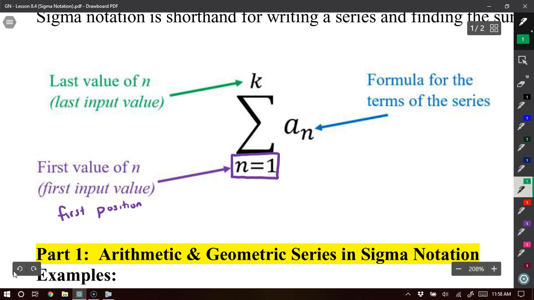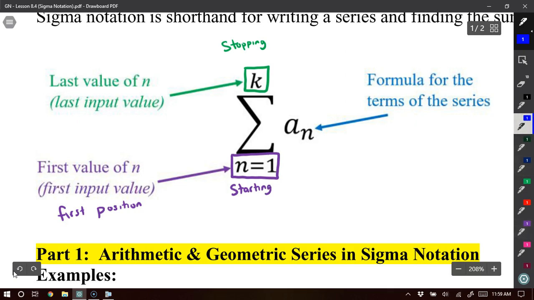The number on top, so I just have a k here, is going to be some number. That's your last value of n. And so this is where you are stopping in this series, the term position you are stopping at, while the bottom is the term position you are starting at.